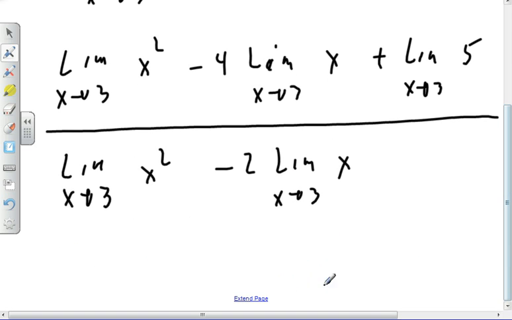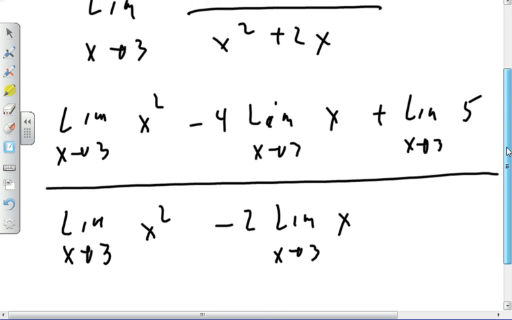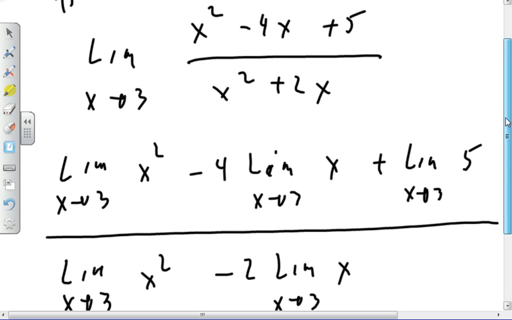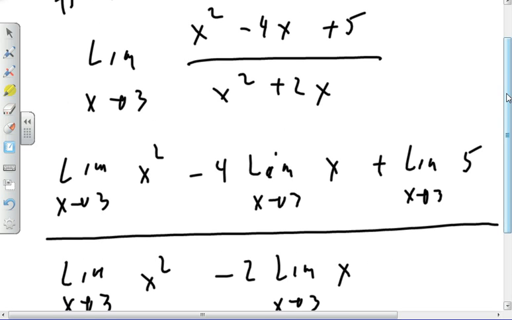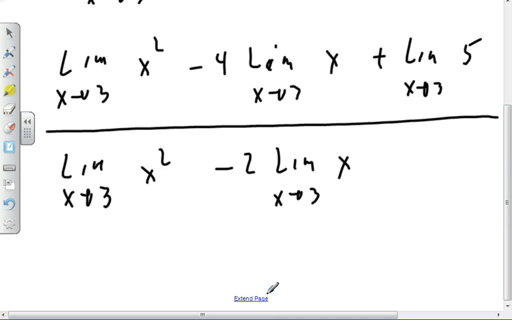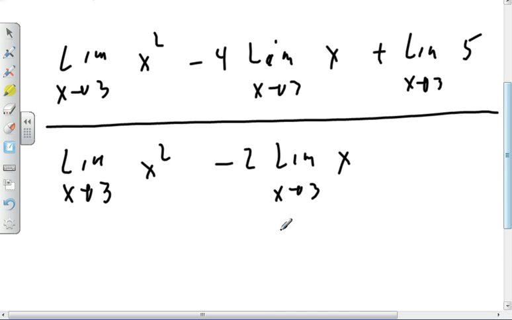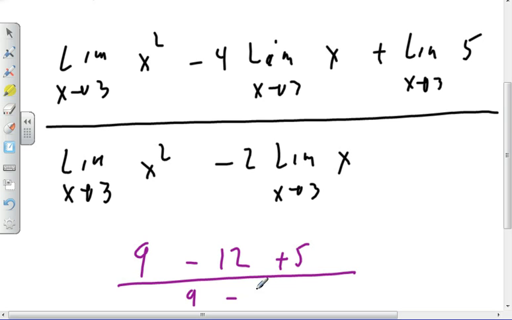Now I would never do this problem this way, but the book said to do that, so that's what I'm doing. So this is going to be 9 minus 12 plus 5 divided by 9 plus 6, which is 2 over 3.